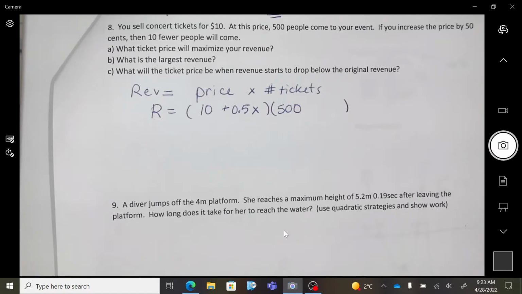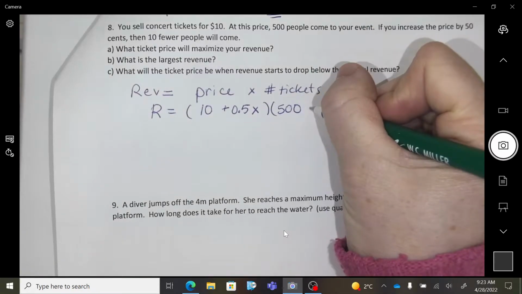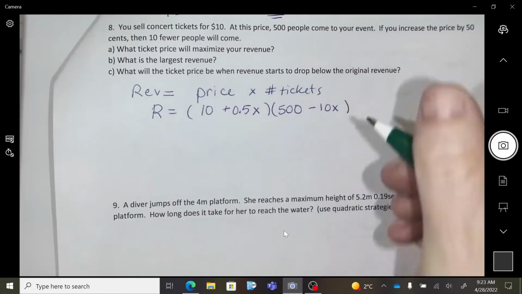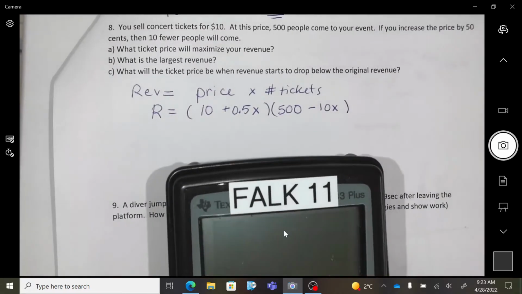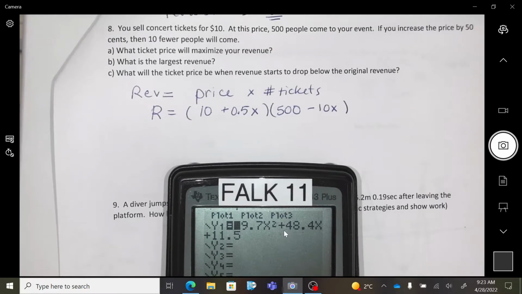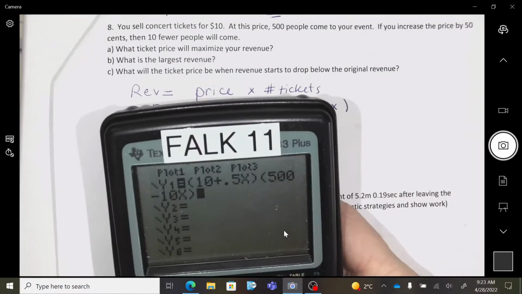I'm doing a 0.5, 50 cents is $0.5. 10 fewer people will come. Okay, I'm ready for my calculator at this point. I'm going to type it as I see it.